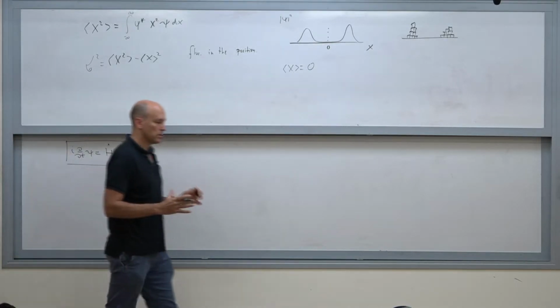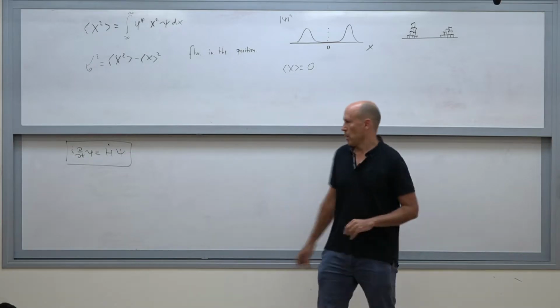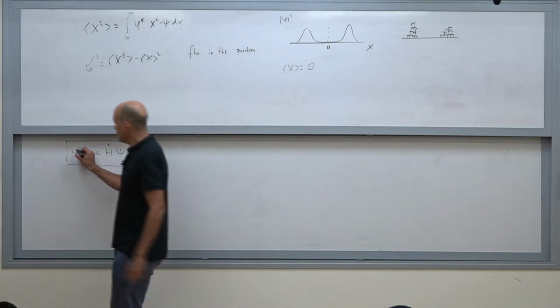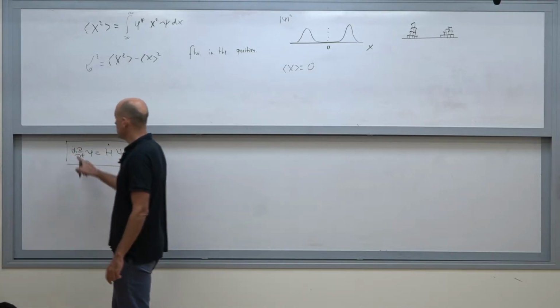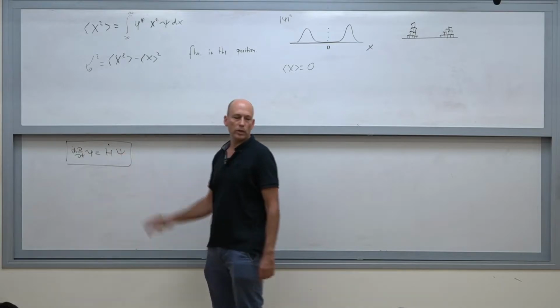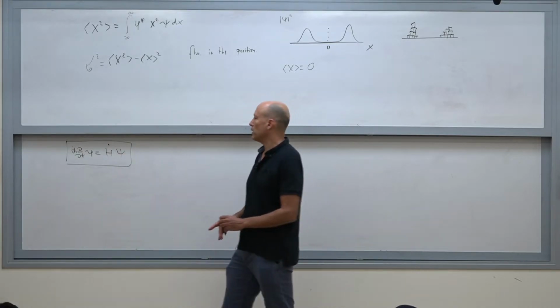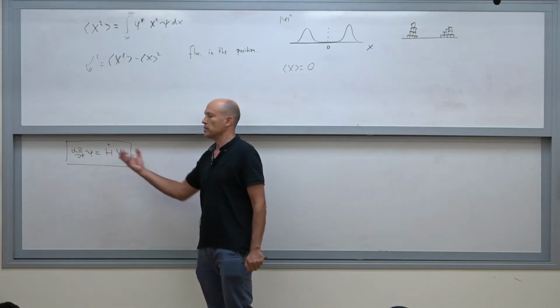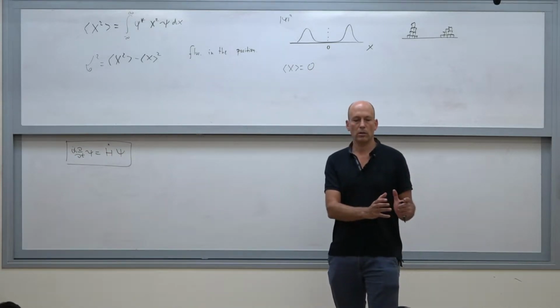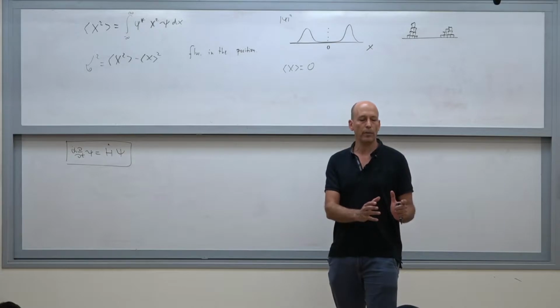This is a nice economical writing in the following sense, that if I want to be more specific, this is h bar, so I need to specify what exactly is the Hamiltonian. The Hamiltonian is the combination of the kinetic energy plus the potential energy of the particle.